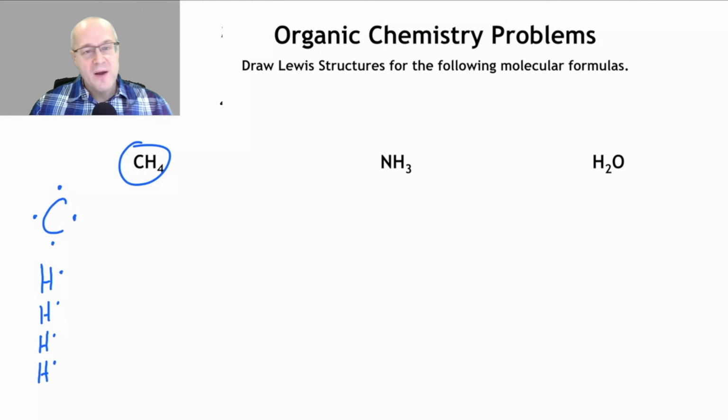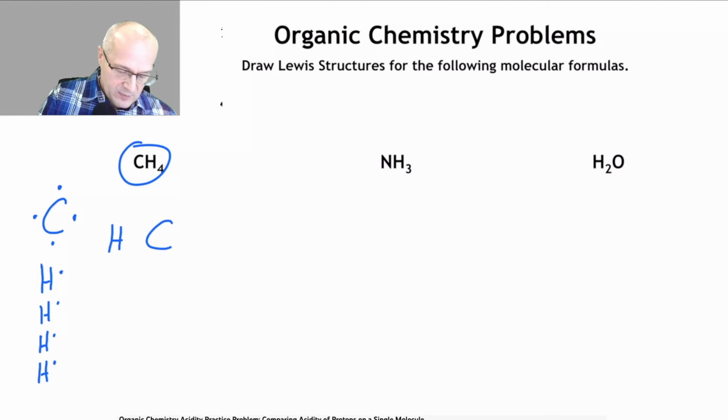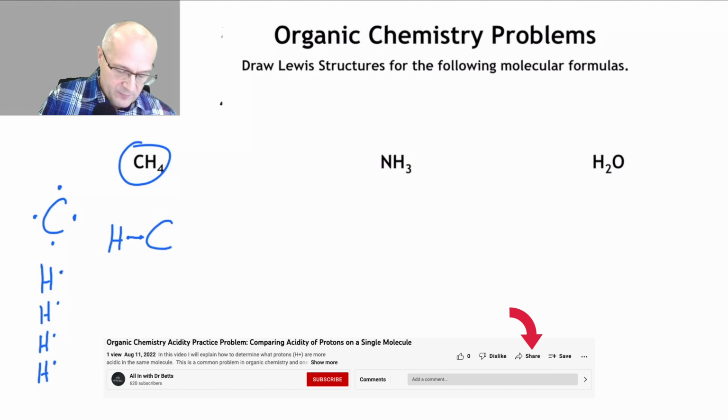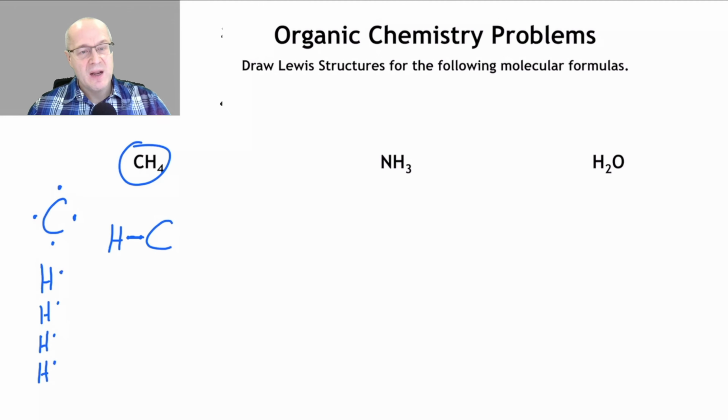I know that hydrogen wants to have 2 electrons because that will fill its valence shell. I know carbon wants to have 8 electrons because that will fill its valence shell. I also know that every time you make a bond, 2 electrons have to come together. So a hydrogen brings an electron, a carbon brings an electron, they form a covalent bond together.